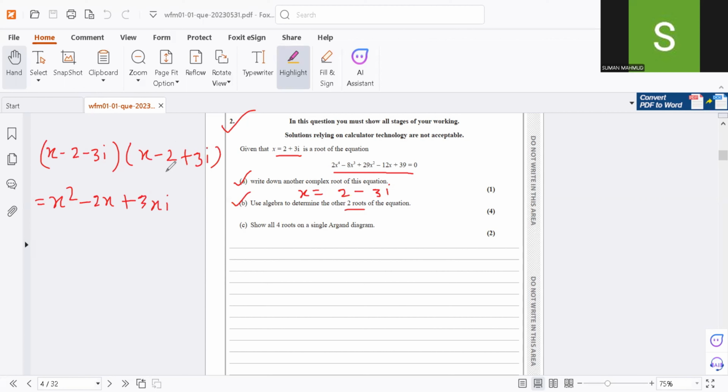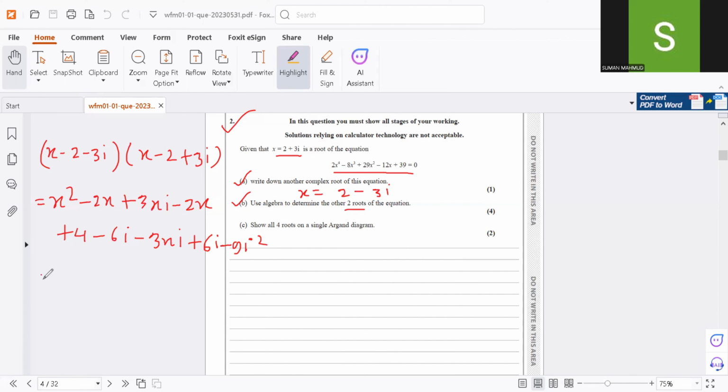Now multiply by minus 2: minus 2x and plus 4 and minus 6i. Now multiply by minus 3: minus 3xi plus 6i and minus 9i squared.